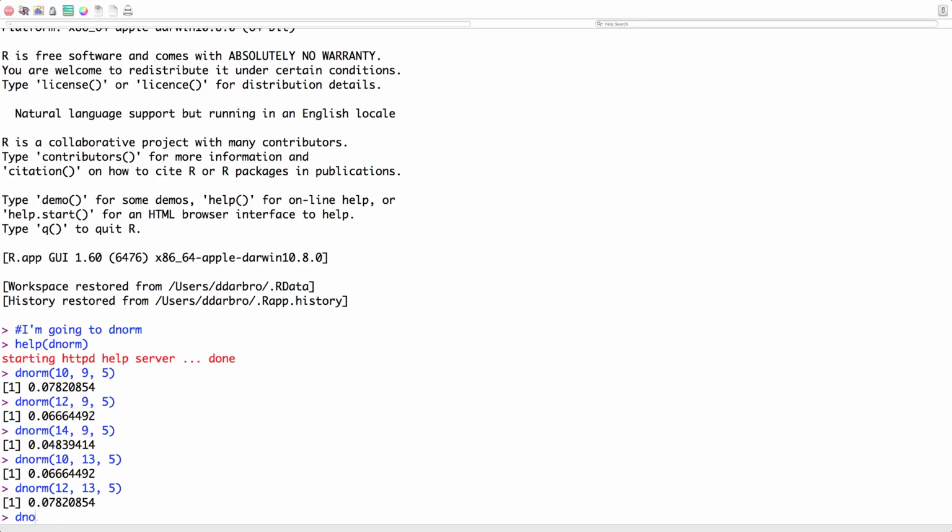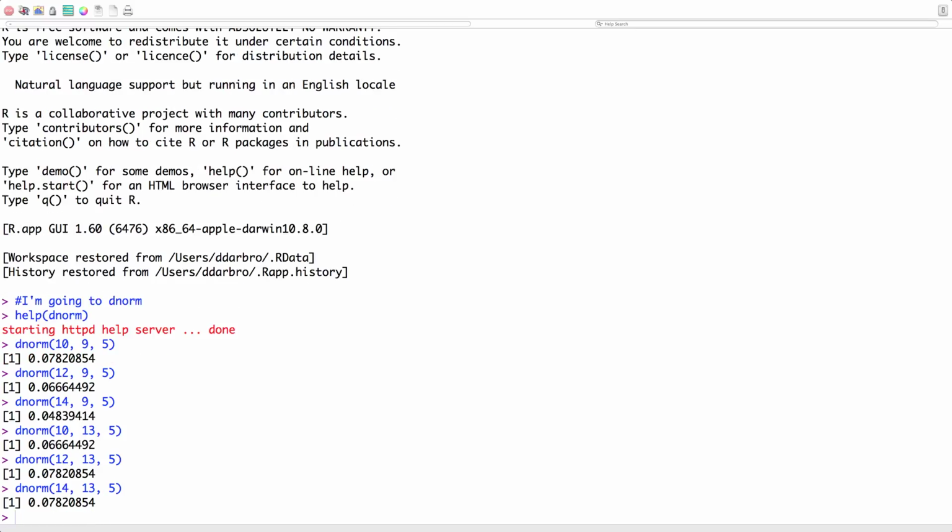And then I get density value 14, mean 13, standard deviation 5. I get 0.0782 again. And that makes complete sense because 12 and 14 are 1 unit to the left and right, if you will, of 13.